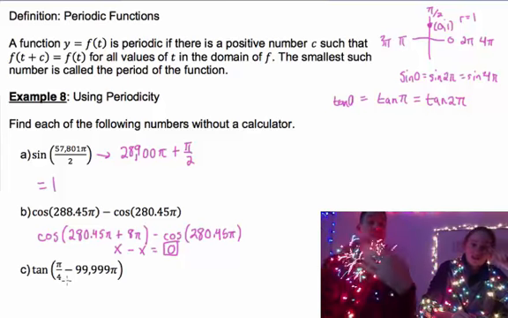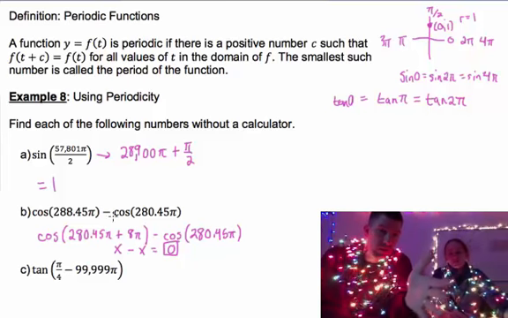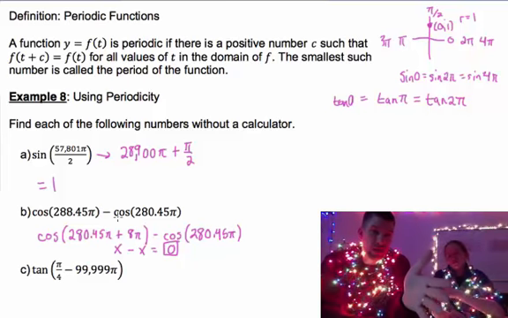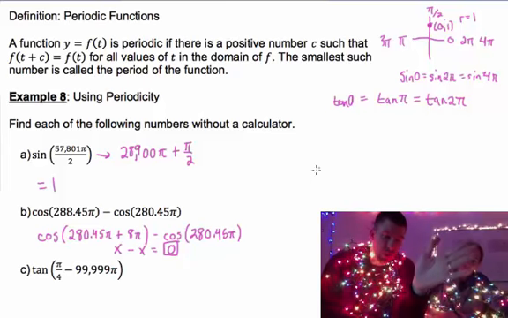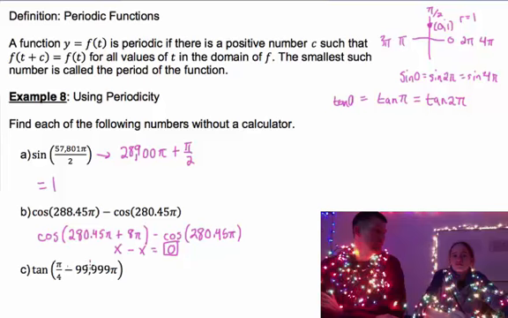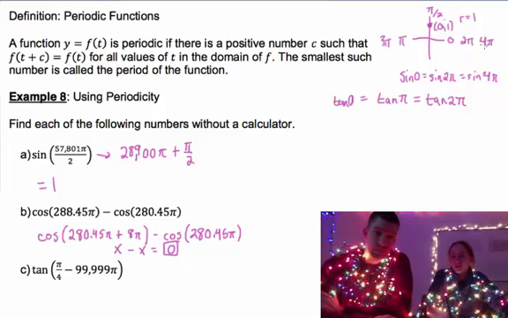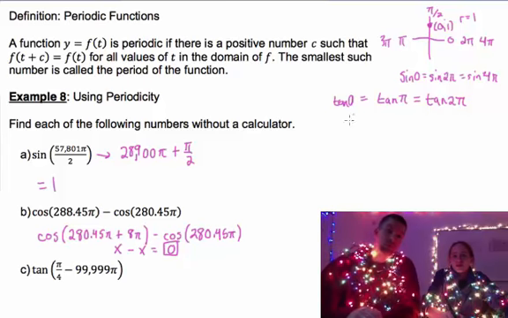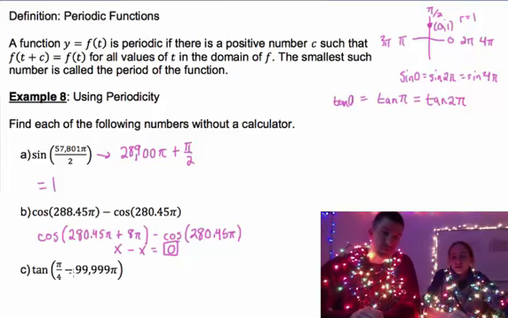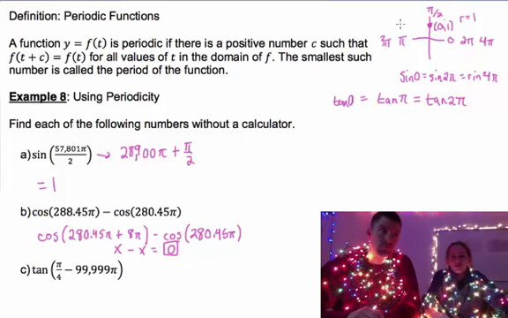Next, tangent of pi over 4 minus 99,909 pi. I think I know right where that one is. It's going to be the exact same thing as saying pi over 4 minus pi, because all our even pi's are on the right side, so all the odd pi's have to be on the left. It doesn't matter that it's negative if we're just talking about pi. So which way should we go for pi over 4?